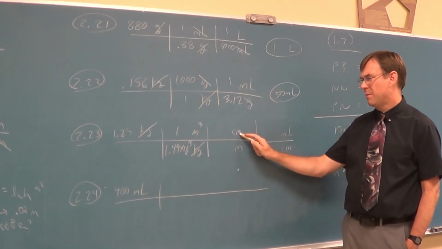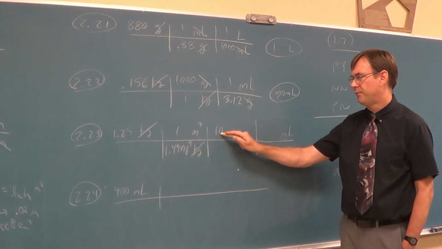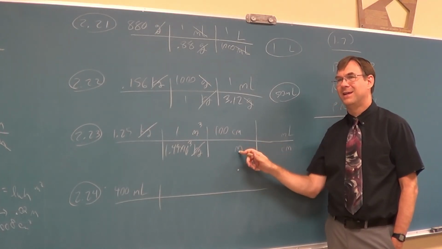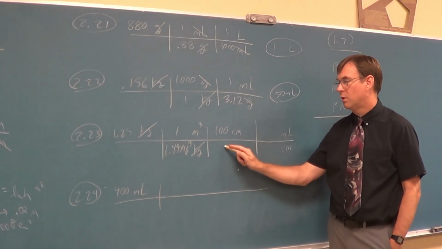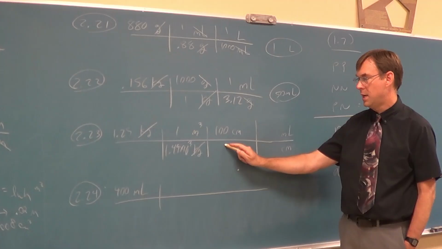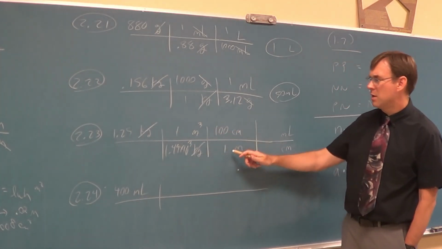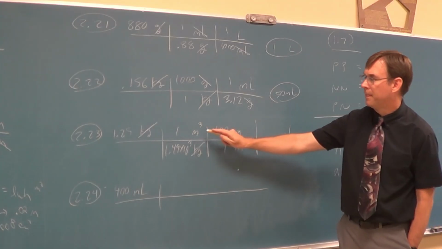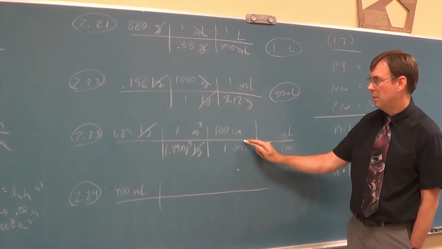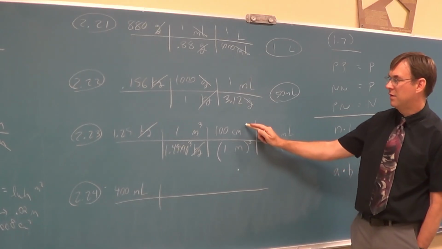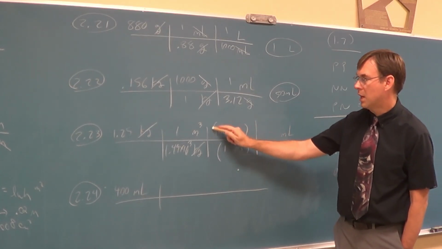What's the number for centimeters? 100. Why is this not quite fair? Because it's not meters cubed. It's not cubed, but come back to that in a second. This would be 1. So 100 centimeters makes a meter, that's fair. But if this is cubed and this isn't cubed, we need to cube this. And in fraction life, if you cube the bottom, you've got to cube the top.